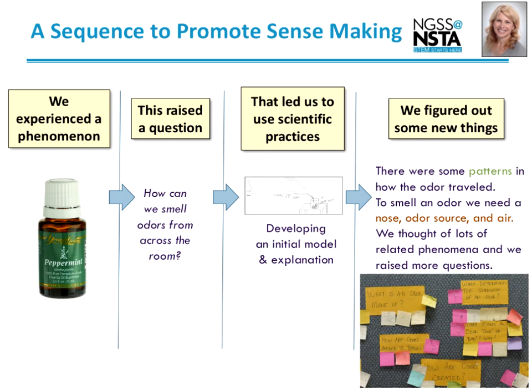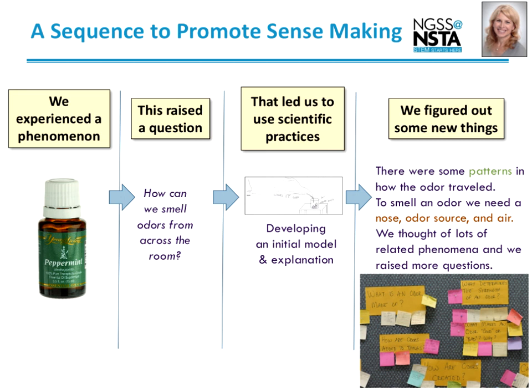And so let's revisit our peppermint oil example. The peppermint oil spreading throughout the room is our experienced phenomenon that we can have a first-hand common experience together in the classroom. And then that raises a question: how can we smell odors from across the room? That leads us to engage in the science and engineering practice, for example, of developing an initial model and an explanation.